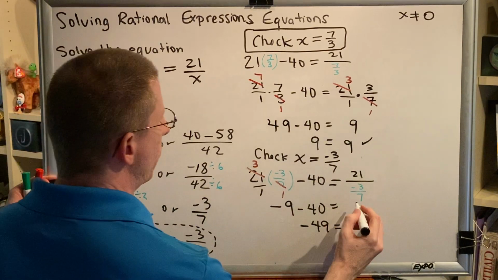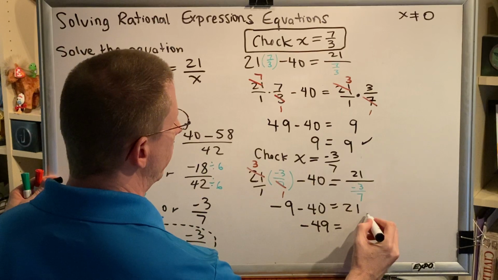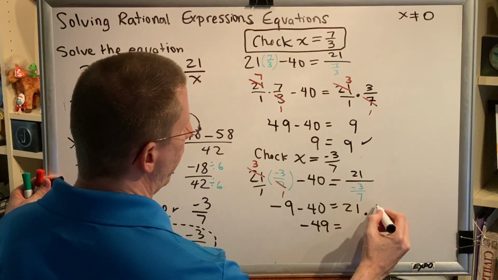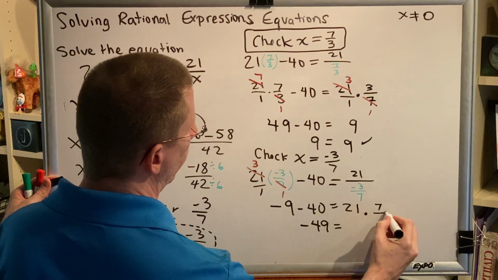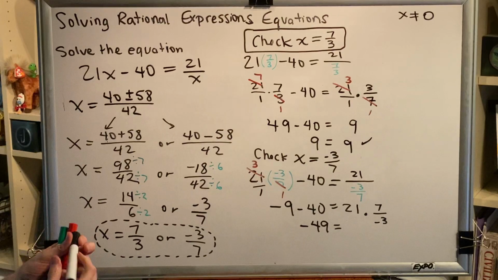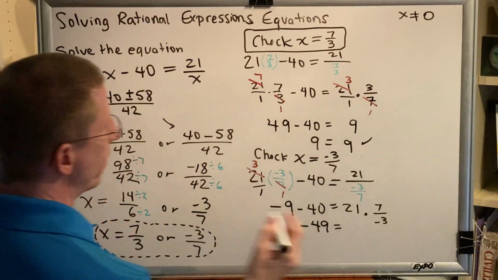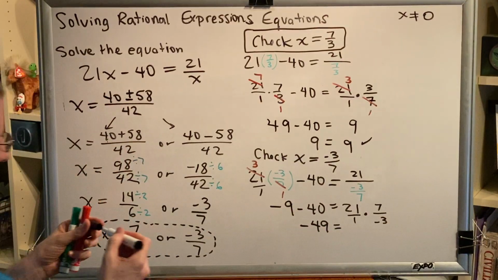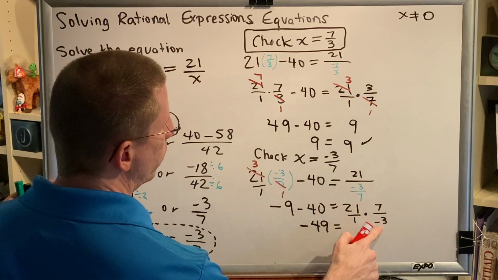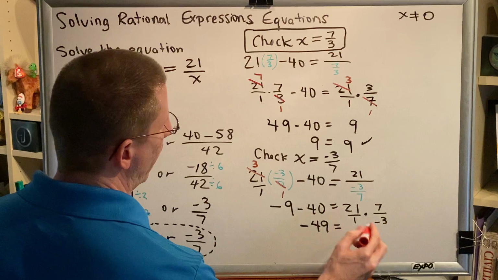On the right, we're going to keep, change, flip, so this will be 21 times 7 over negative 3. I'm going to write 21 as 21 over 1. Now, 21 divided by negative 3 is negative 7.